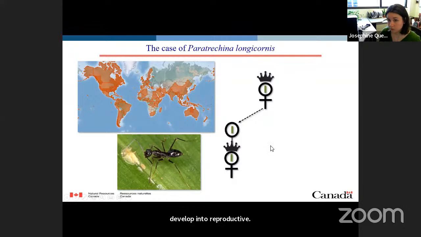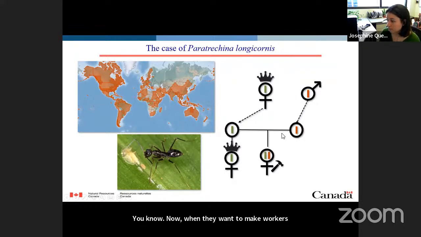Now, when they want to make workers, they fertilize a haploid egg with a haploid sperm, and they create diploid females that develop into workers. But now the question is, how do they make males?